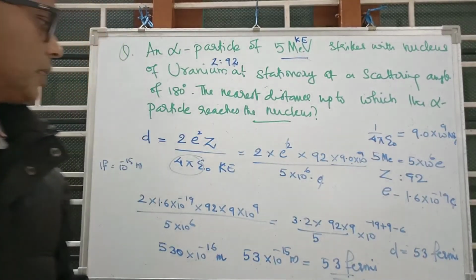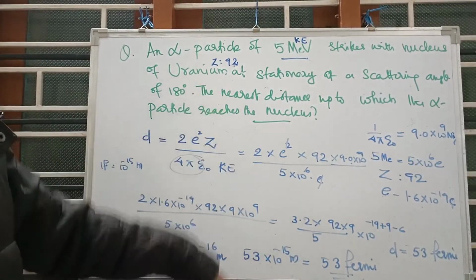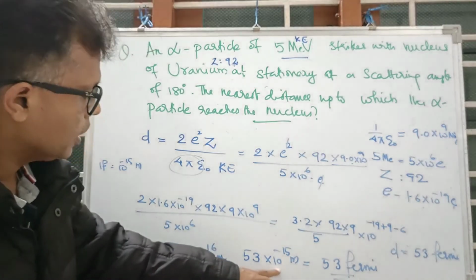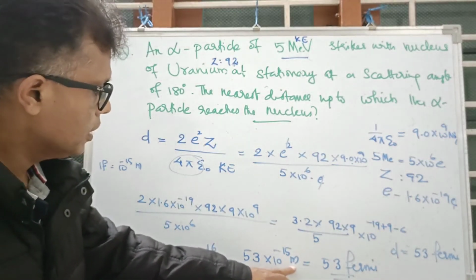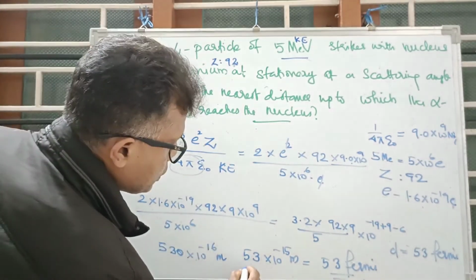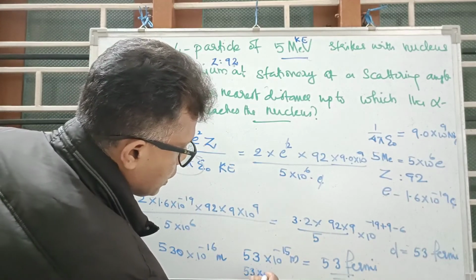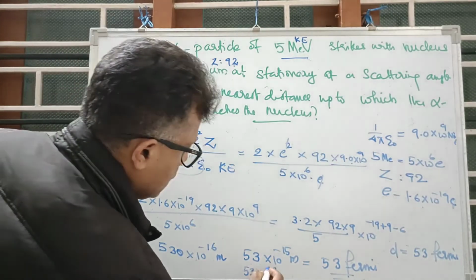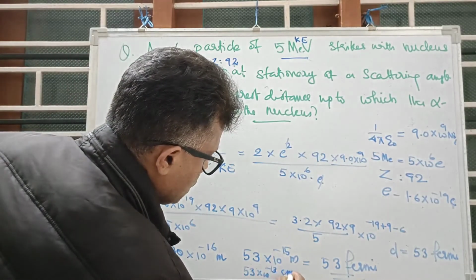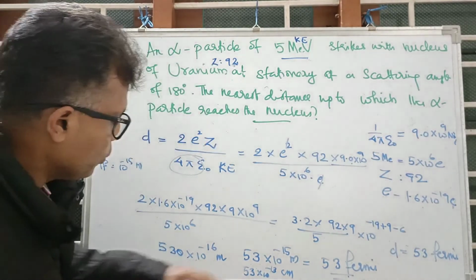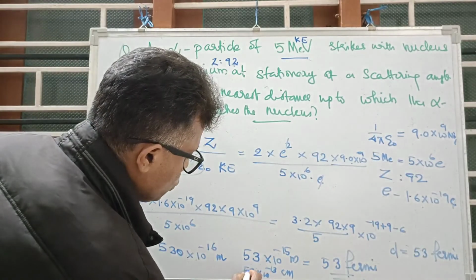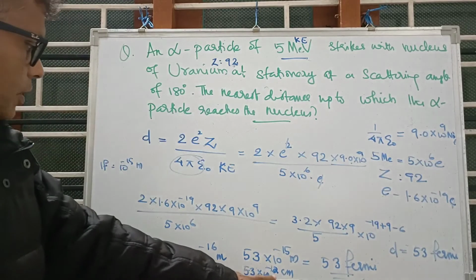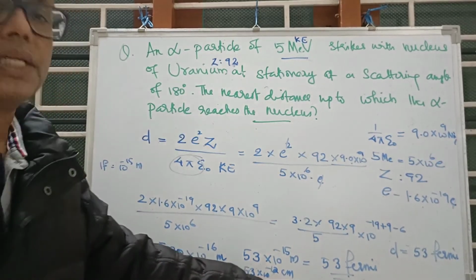Clear everybody, friends? If you want to convert this to centimeters, it is 53 into 10 raised to minus 13 centimeters, or 5.3 into 10 raised to minus 12 centimeters.